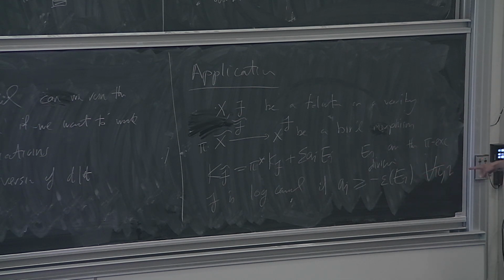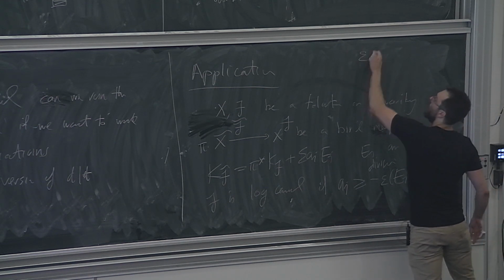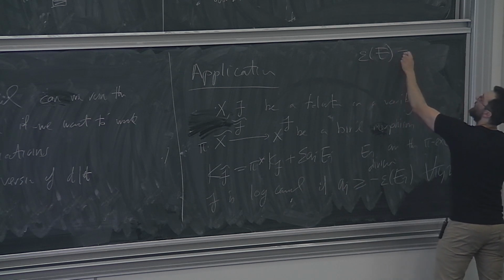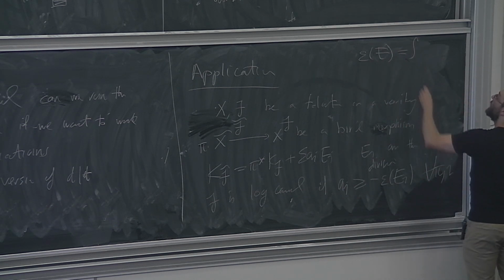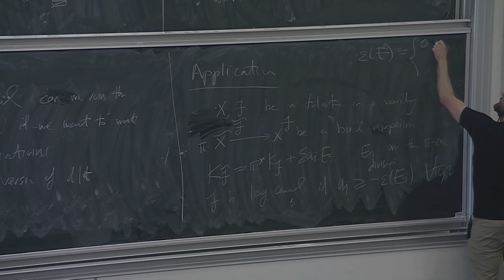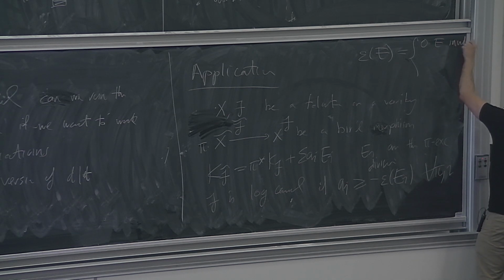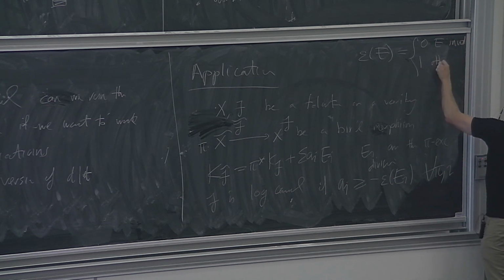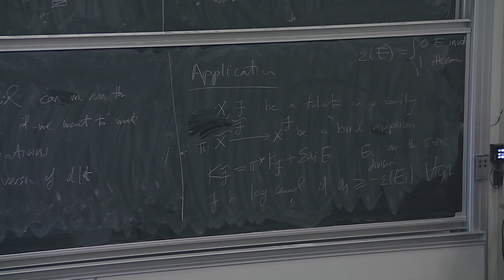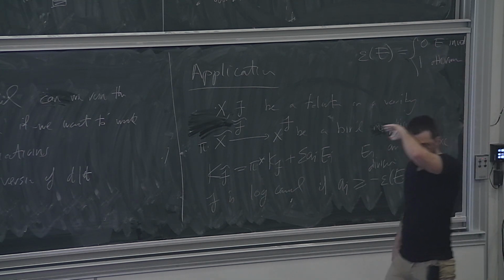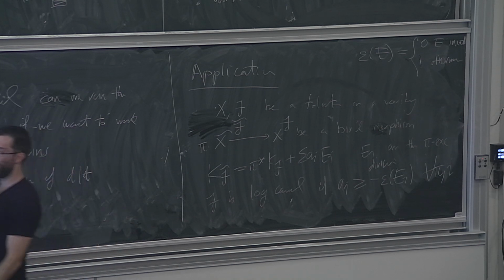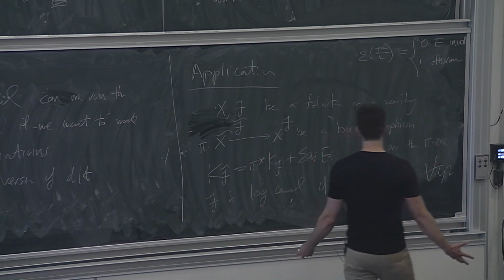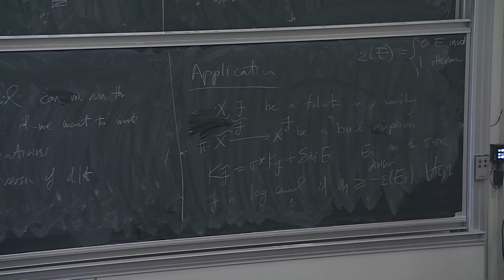Recall that epsilon of a divisor E is 0 if E is invariant and 1 otherwise. In the classical setting, when your foliation is the whole tangent sheaf, no exceptional divisor is invariant, and so this just reduces to the classical definition of log canonical.